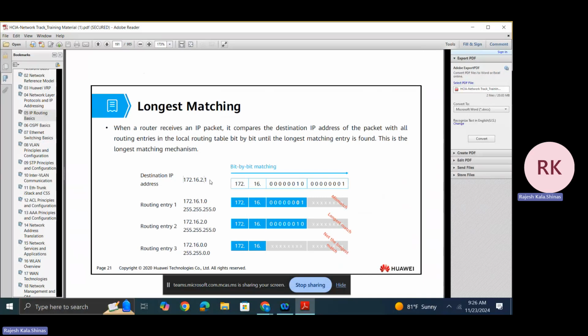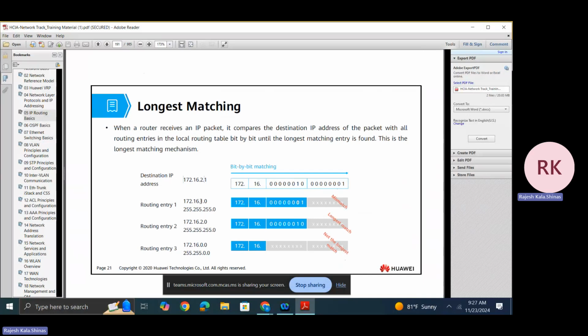The first thing is to write down the destination address and routing table entries in binary. So I'll write 172.16 in binary. Now my destination is 2.1, and this entry is 172.16.1.0. So 172 is the same, 16 is the same.